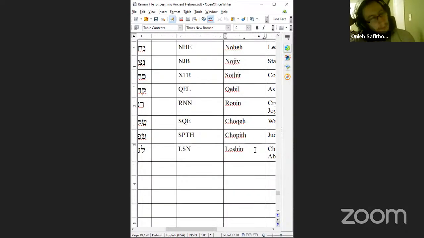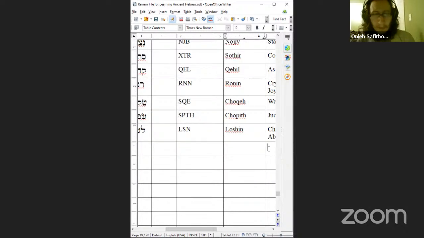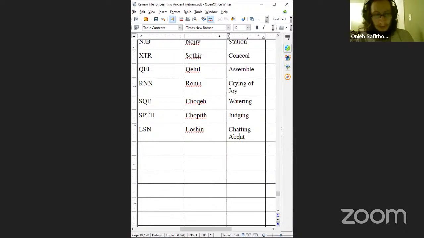That's the evil tongue. But it can also apparently be used as a verb.